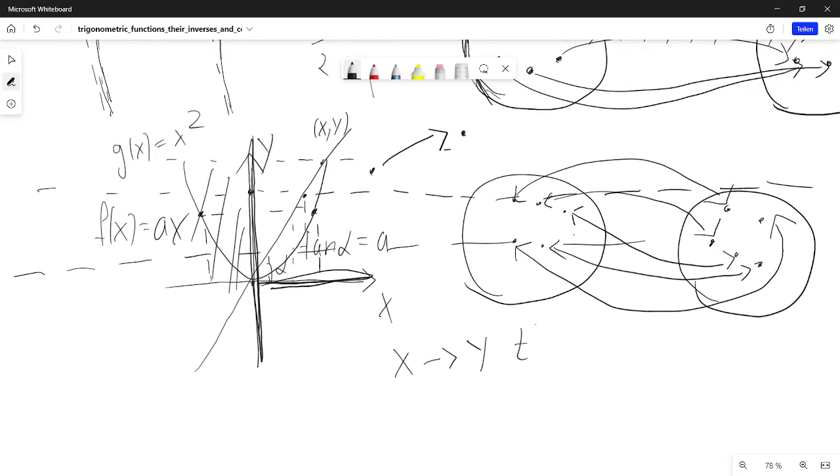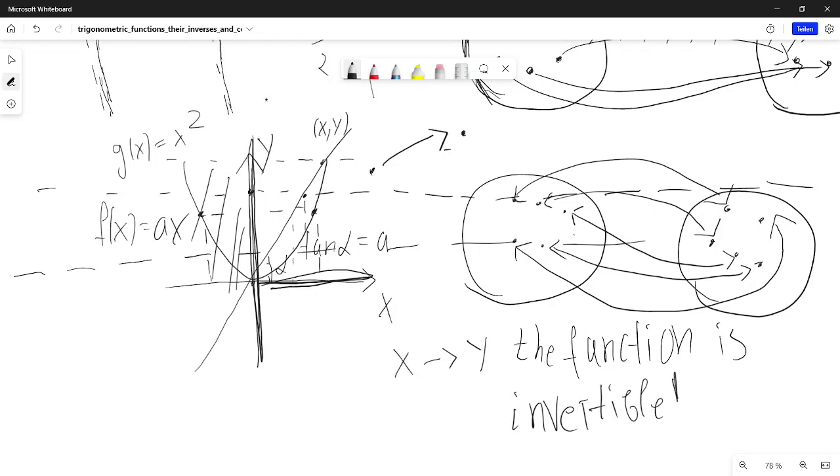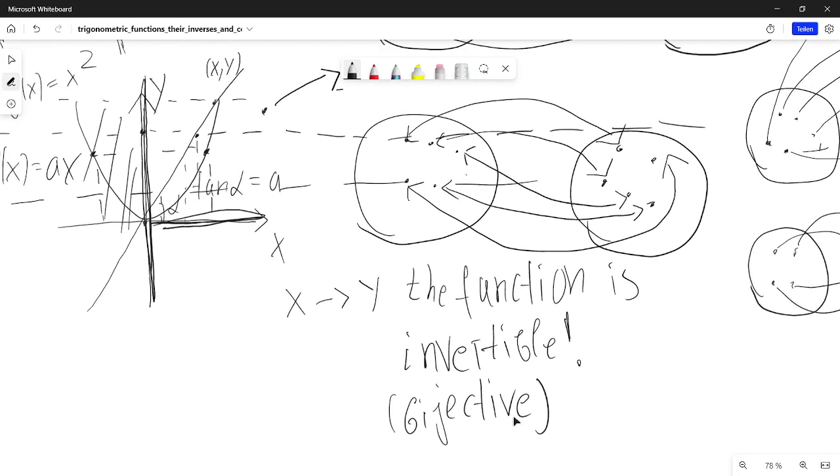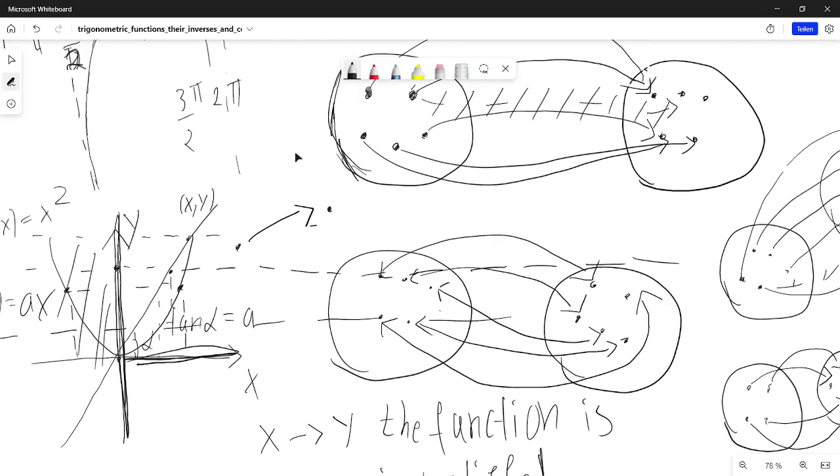The function is invertible. The function is invertible, and that is very nice. That is totally nice. What is the same as invertible, but defined differently, is bijective. But just care about invertible. We don't need to go into the detail here.